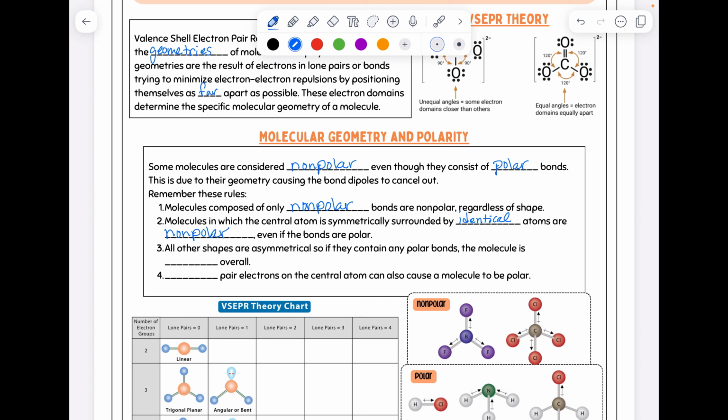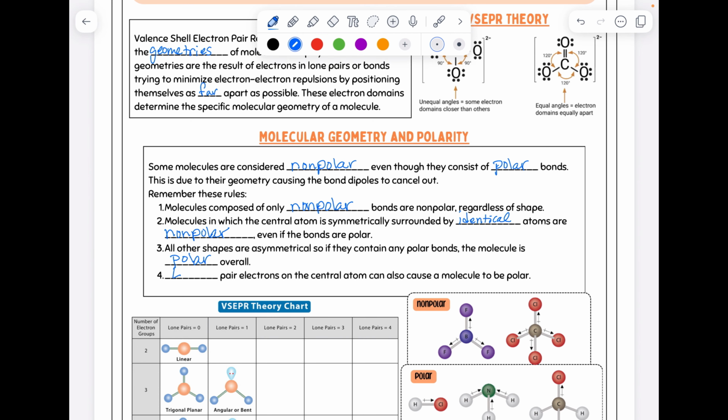So this goes back to 2.1 when I was talking about BCl3 being nonpolar, even though in the example we said polar because of the differences in electronegativity, but because of its molecular geometry, it's actually nonpolar, and I mentioned we would discuss this during 2.7, so here we are. All other shapes are asymmetrical, so if they contain any polar bonds, the molecule is polar overall.